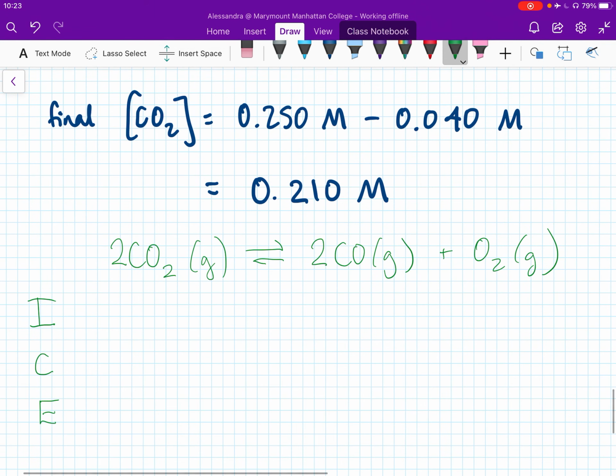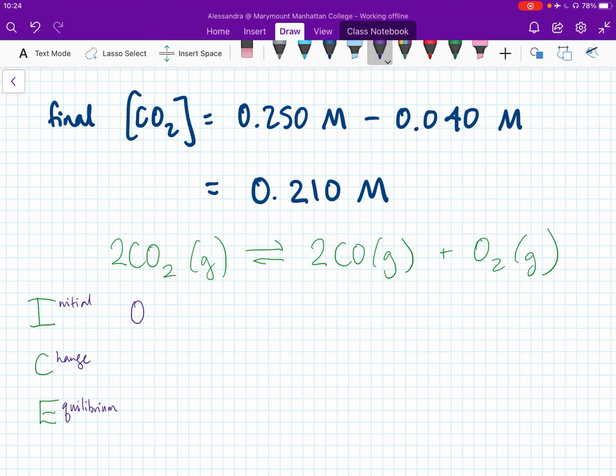Each of these rows is going to refer to a concentration. I stands for initial concentration, C stands for the change in concentration, and E, of course, stands for the equilibrium concentrations. And I'm going to record the concentrations of everything I know at the beginning of the problem.